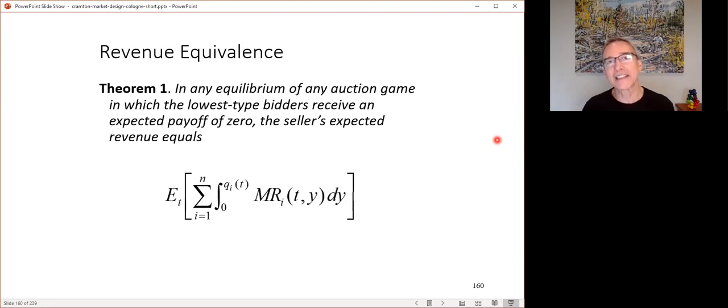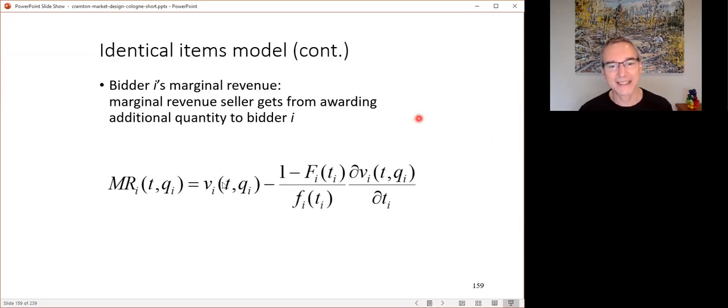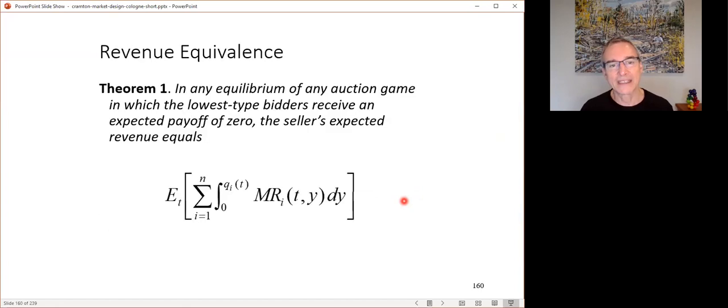Whereas if I'm actually seeking to find the optimal revenue maximizing auction, then that's going to be a lot more work, and it's going to depend upon things like, notice that this marginal revenue function depends on lots of details, all the inverse hazard rates, and the exact form of your marginal value function, which I don't actually know. So this is really just a theoretical exercise, but this is a very important theoretical result.